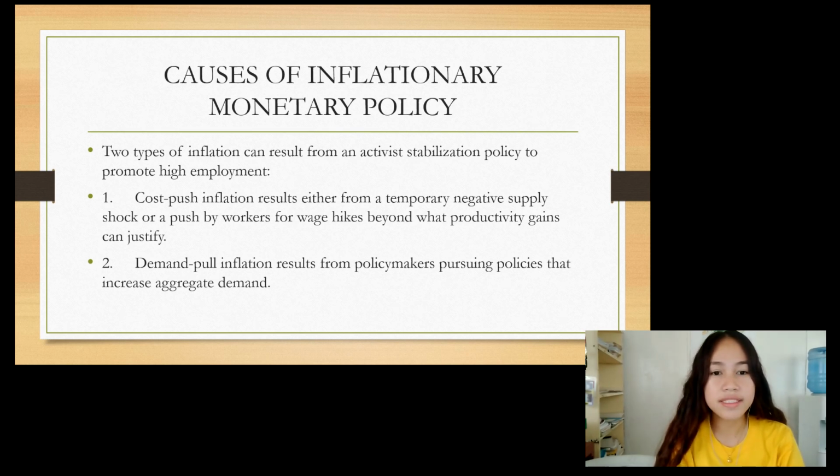And the second type of inflation that can result from an activist stabilization policy to promote high employment is demand-pull inflation. Demand-pull inflation is asserted to arise when aggregate demand in the economy outpaces aggregate supply.